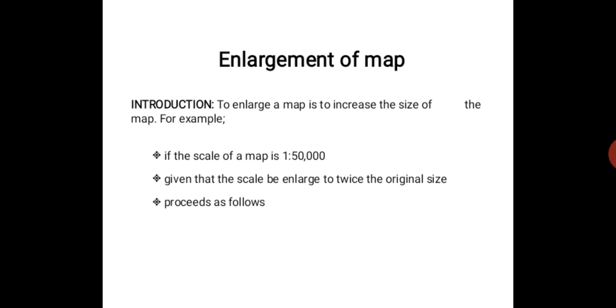For example, if the scale of a map is given as 1:50,000, given that the scale be enlarged to twice the original size, you will proceed as follows.